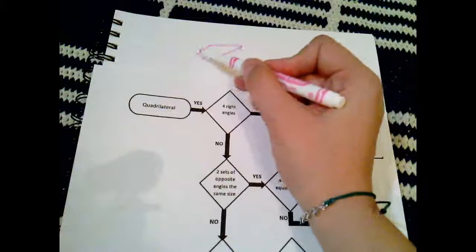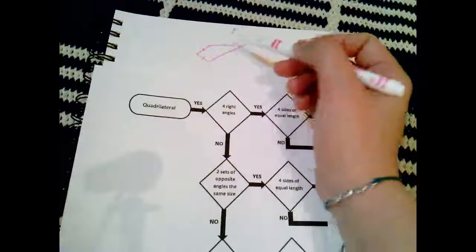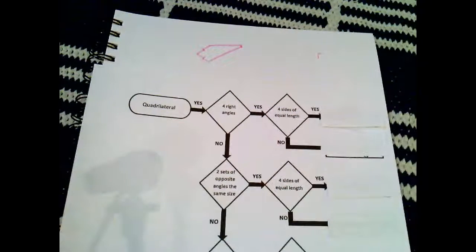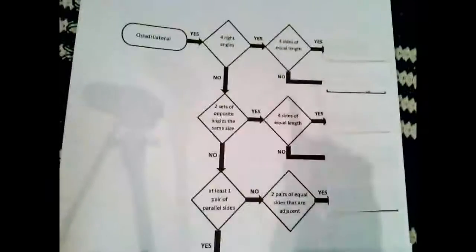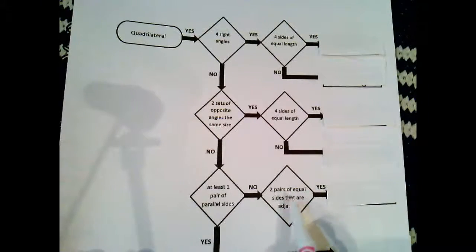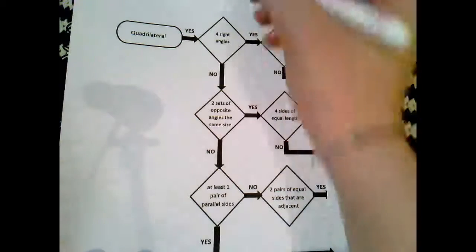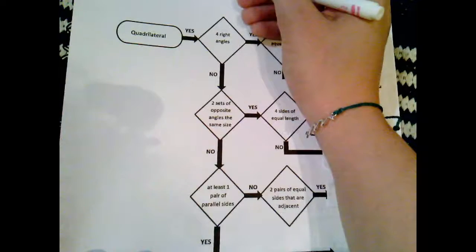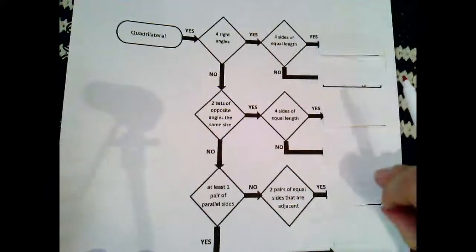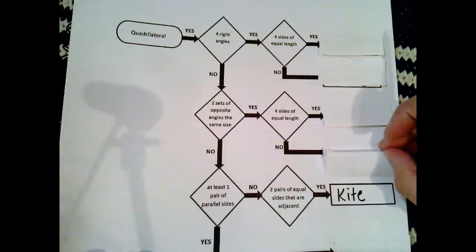If this line keeps going, this line, nope, those are going to hit each other. There are no parallel sides, so I'm going to answer no. Two pairs of equal sides that are adjacent. Well, these look equal, and so then that means that it is a kite.